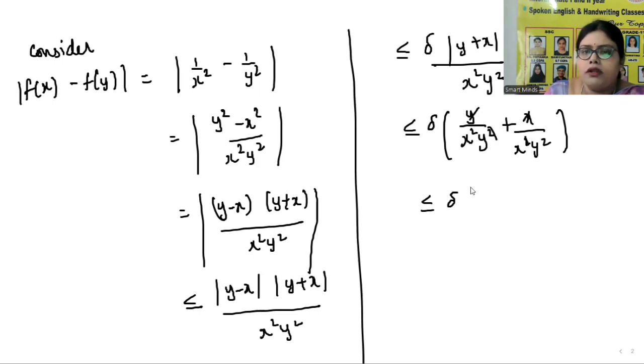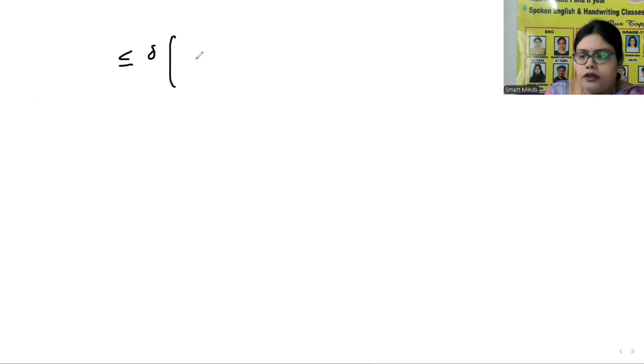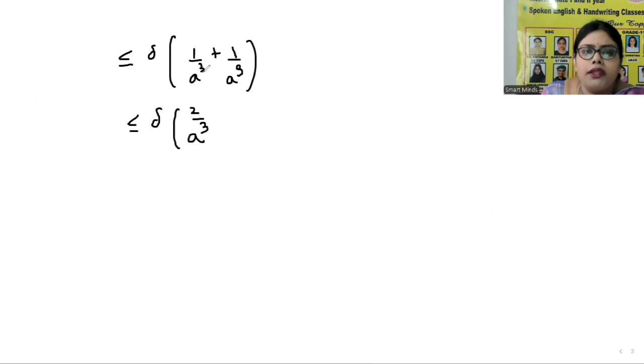So less than or equal to delta into 1 by x square y plus 1 by x y square. So that is less than or equal to delta into 1 by a cube plus 1 by a cube. If you add them, what do you get? 2 by a cube. This is less than or equal to delta, we can write epsilon a cube by 2 into 2 by a cube. A cube, 2 cancel. That is equal to epsilon.